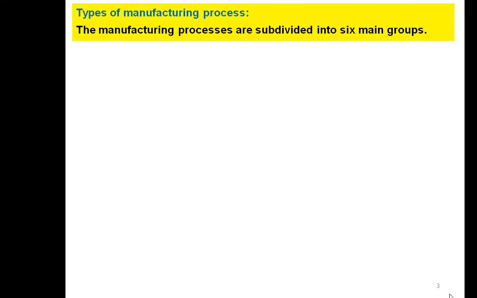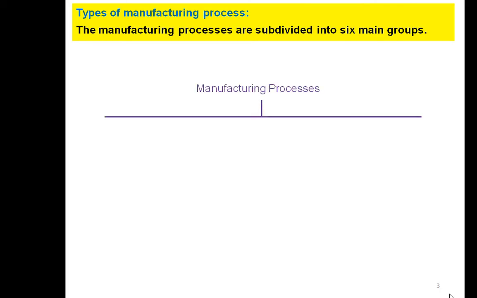There are different types of manufacturing processes. The manufacturing processes are subdivided in the following groups. The first group, it is shaping, that is casting is the process in which the molten metal is poured into the cavity, allow it to solidify.